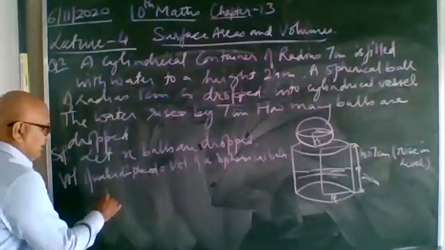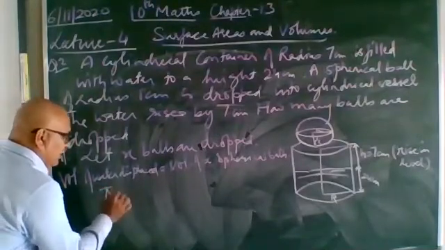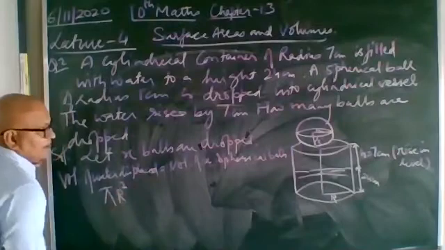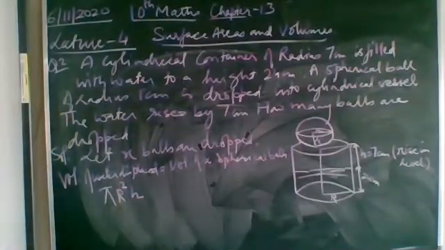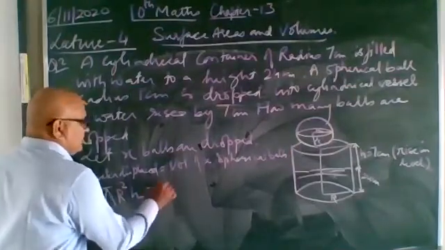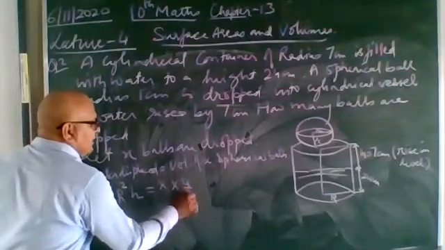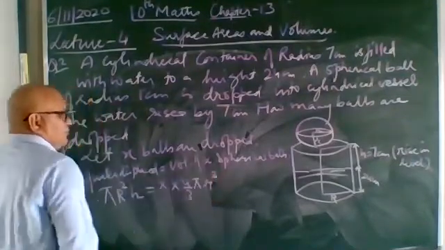Water displaced, liquid takes the shape of the container, so pi r square. Now H, you will take small one. Rise level equal to X into 4 by 3 pi r cube.